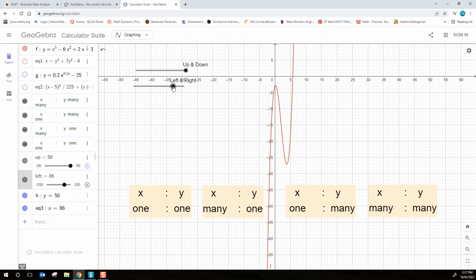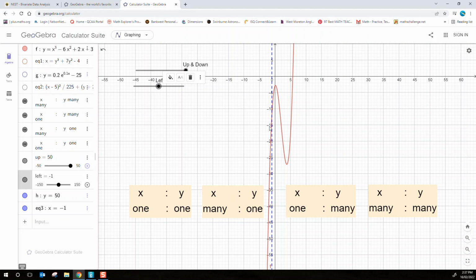Now let's consider a vertical line. Here comes a vertical line. Now let's stop and think about how many times that's intersecting my graph: once, somewhere there. If I move a little bit, I'm still intersecting just once. If I move a little bit more, I'm still intersecting once. It wouldn't matter where I place the vertical line.